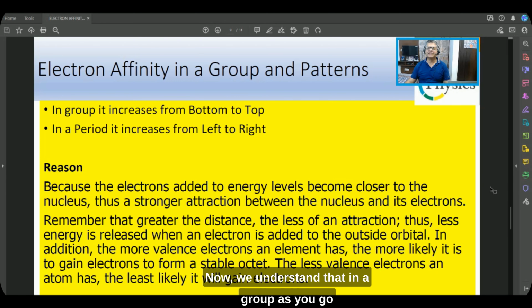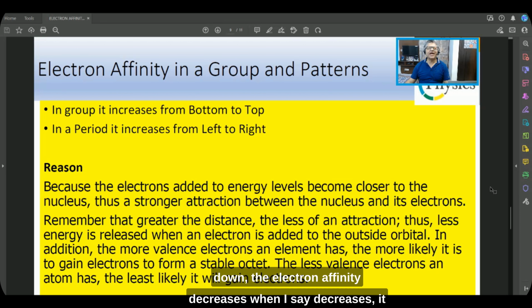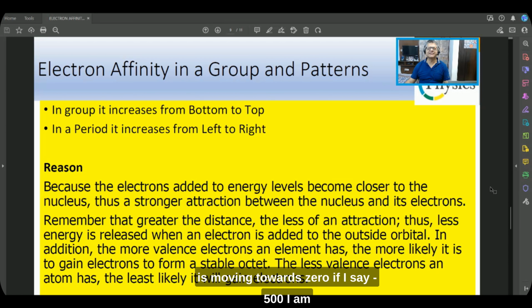Now, we understand that in a group, as you go down, the electron affinity decreases. When I say decreases, it is moving towards zero. If I say minus 500, I am saying my electron affinity is very high. If I'm saying minus 200, I'm saying my electron affinity is low.